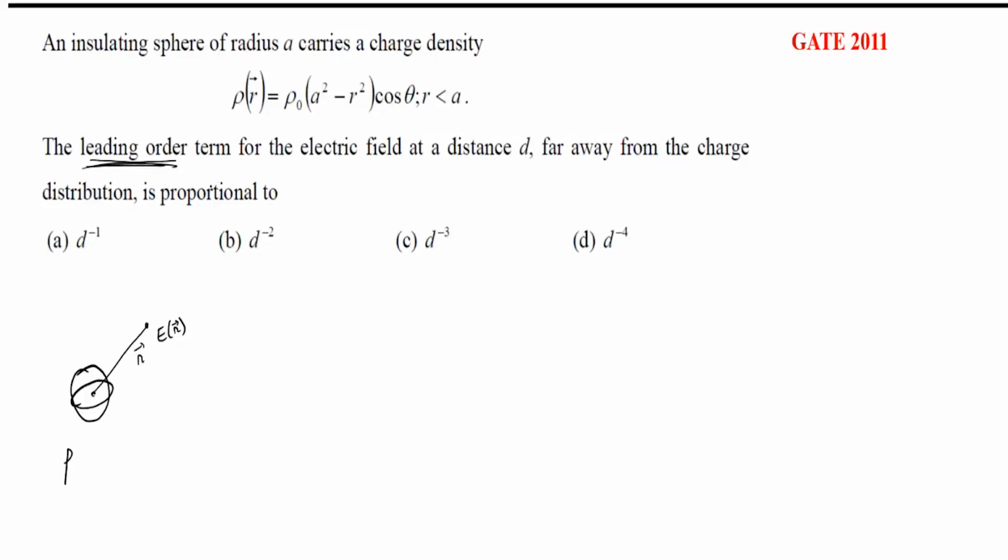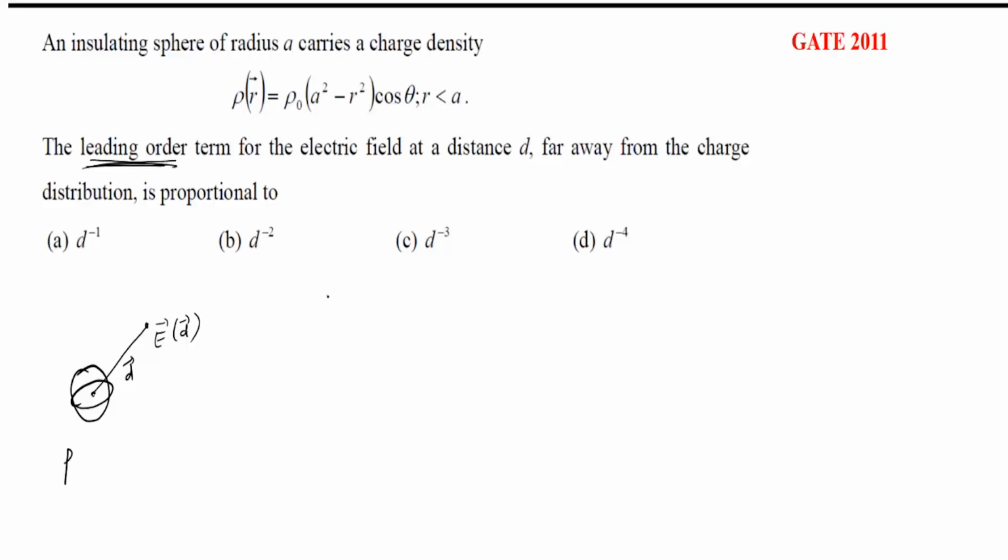Electric field at a distance, not R, I think it's D. There is some D vector here. They are asking for the dependence.